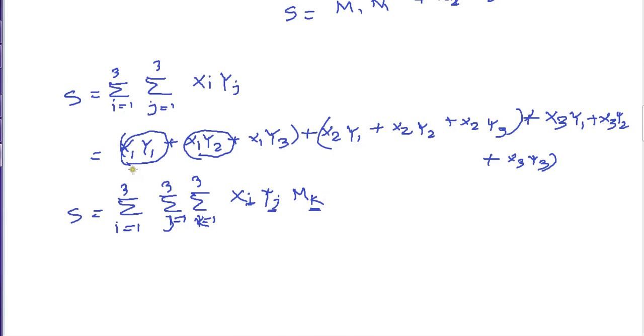So we have 3 times 3 times 3, which is 27 terms. The first term would be x1 y1 m1, the second term would be x1 y1 m2, and so on. So we will have 27 terms here. These are the summation conventions. So you can express triple sums, double sums, and so on in this way, right?